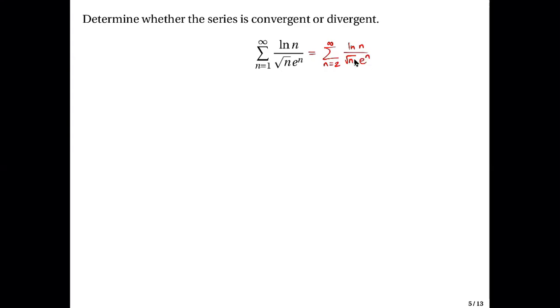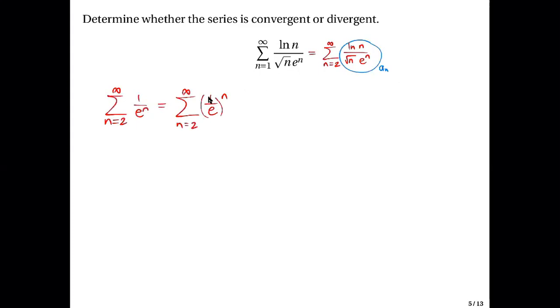So which means this is our an. We use this as our an, and then we consider now the series 1 over e to the n as n runs from 2 to plus infinity. Or this is just the sum of 1 over e, quantity to the n, running from 2 to plus infinity.